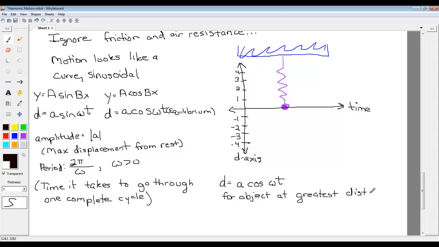In other words, like you pull a spring down, pull the object down and then let it go, or you push it up and then let it go. Use the cosine one. If you think about it, the cosine graph, the typical y equals cosine x, it starts at 1 and goes down and then comes back up, down to -1, comes back up. So if your spring is either up here or way down here, at its maximum distance that it can go, then use cosine.